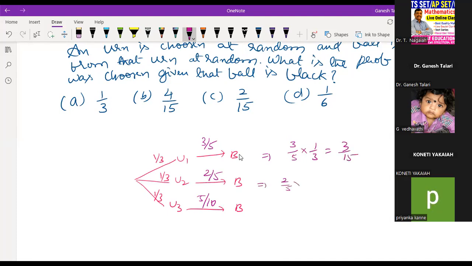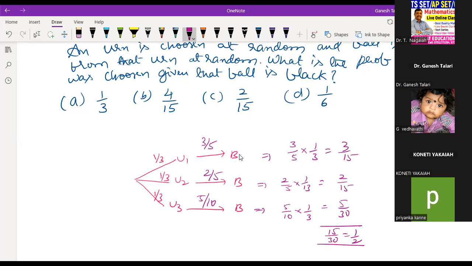This is 2 by 5 into 1 by 3, that is 2 by 15. From this, 5 by 10 into 1 by 3, that is 5 by 30. So the total will be 15 by 30, that is equal to half.